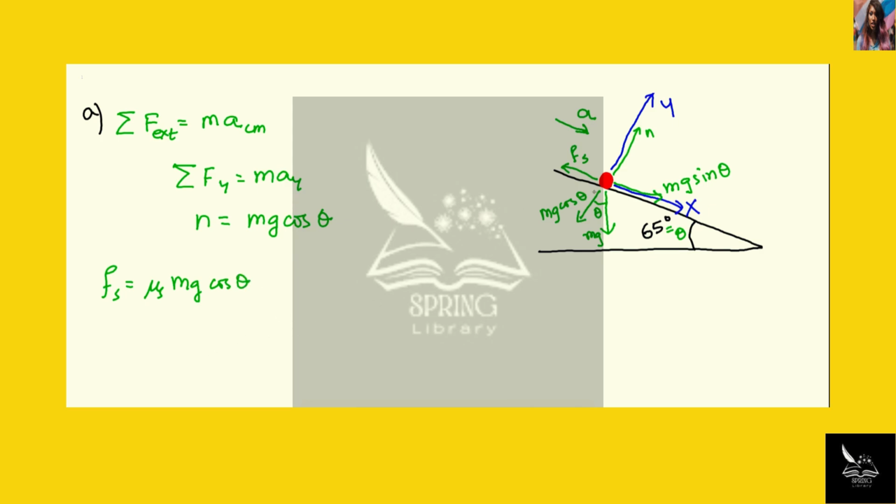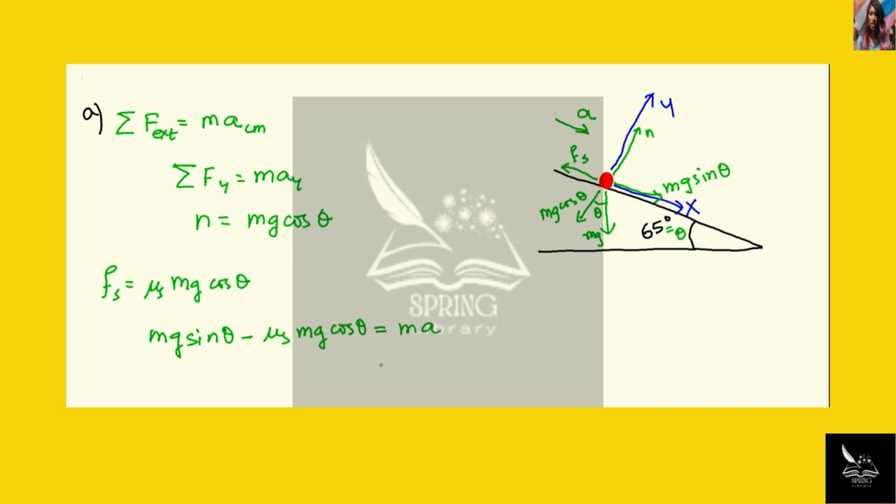So we can write, since the ball is actually rolling down this slope with an acceleration a, that mg sine theta minus this force Fs will be equal to m times a. So mg sine theta minus this quantity right here, which is mu s mg cosine theta, should be equal to m times a.